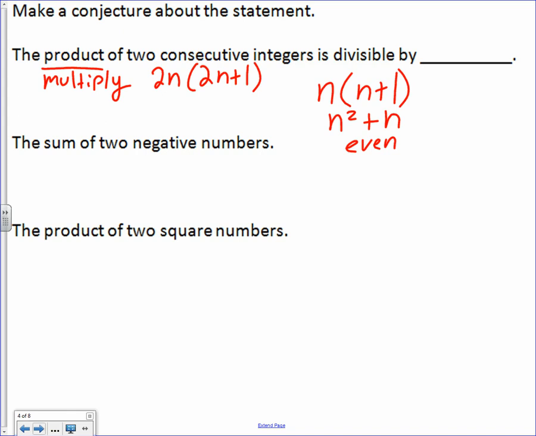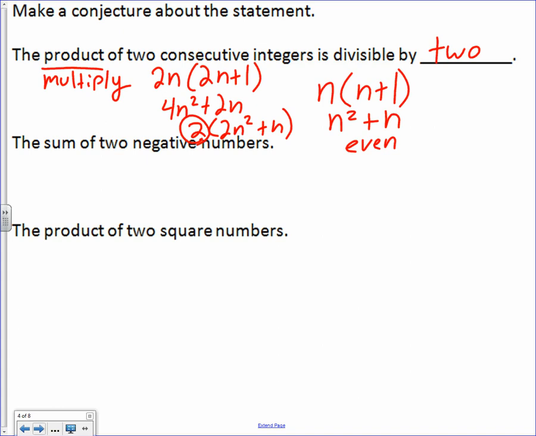When we take the product, we get 4n squared plus 2n, which has a factor of 2. So we have 2 times 2n squared plus n. Any number that is multiplied by 2 is automatically an even, which means it's automatically divisible by 2.